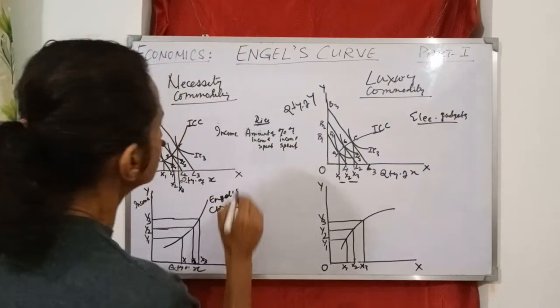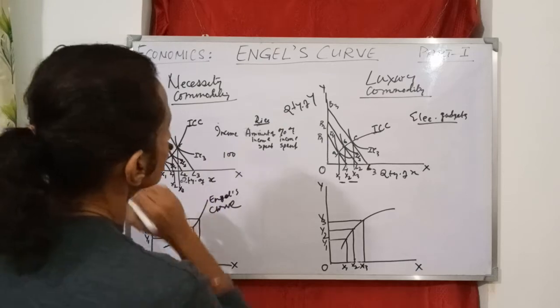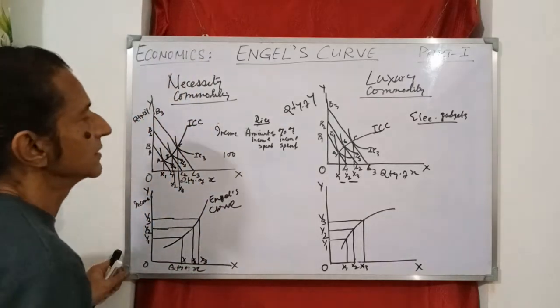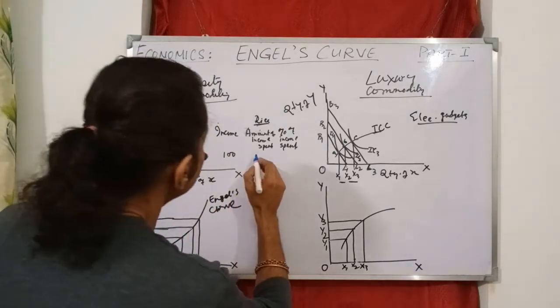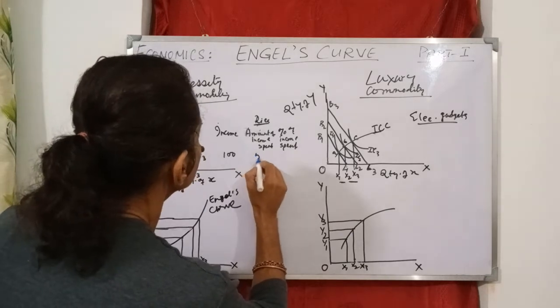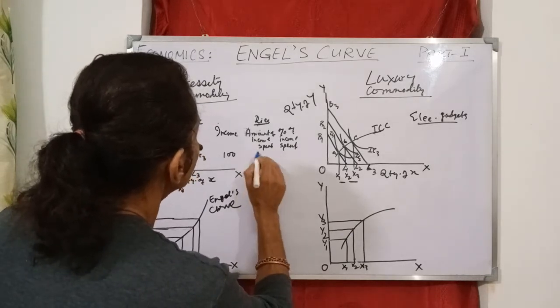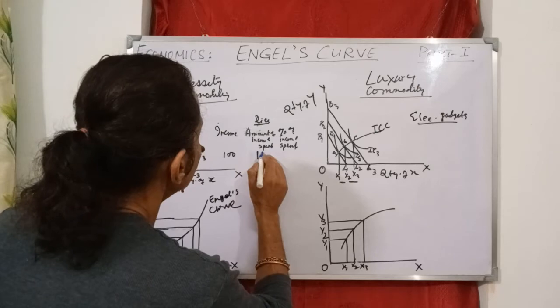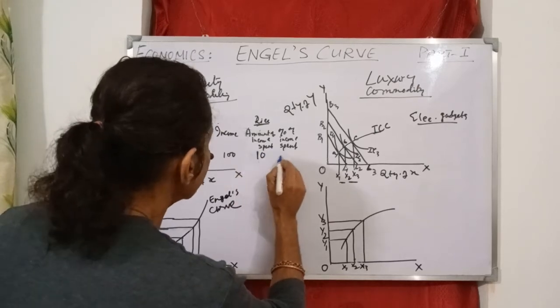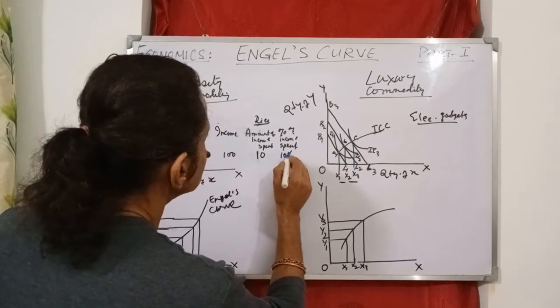Say income of the consumer is 100. So say he is spending $10 on rice. That is, he is spending 10% of his income on rice.